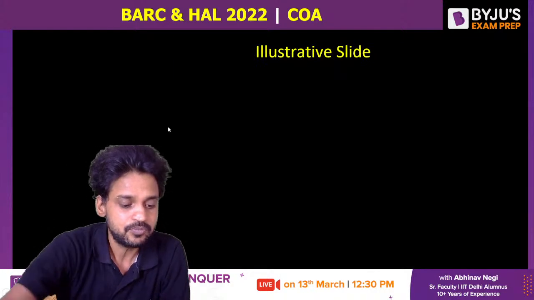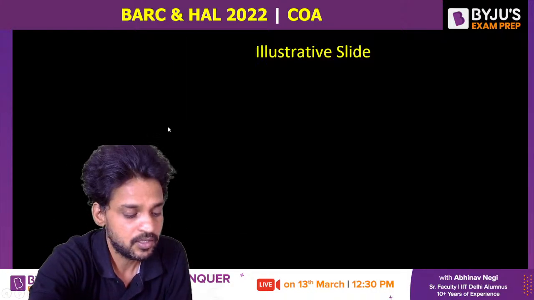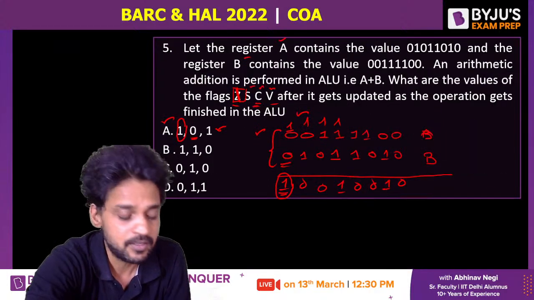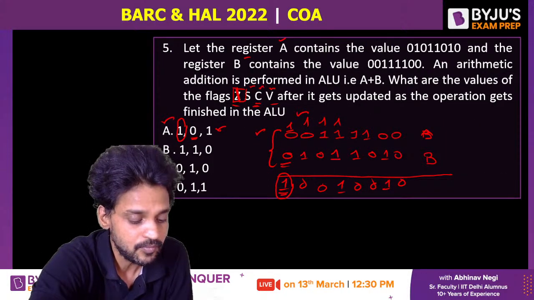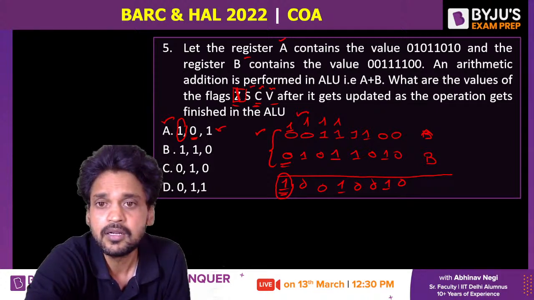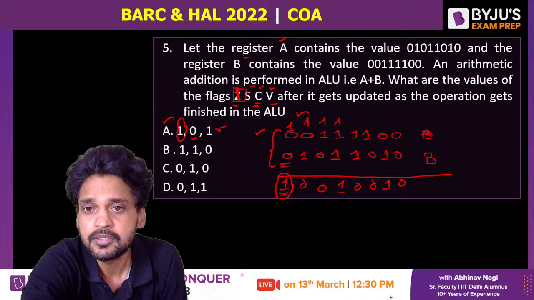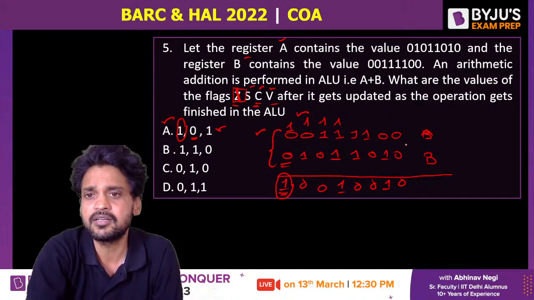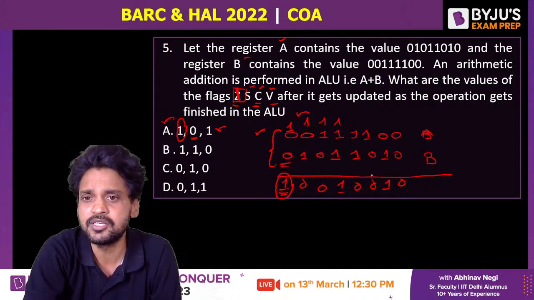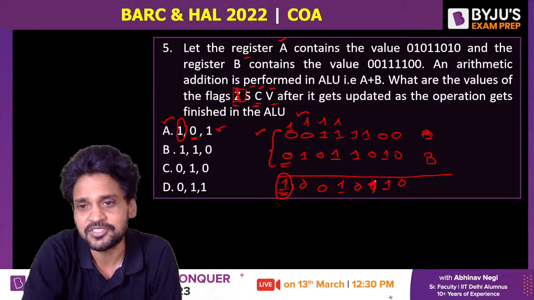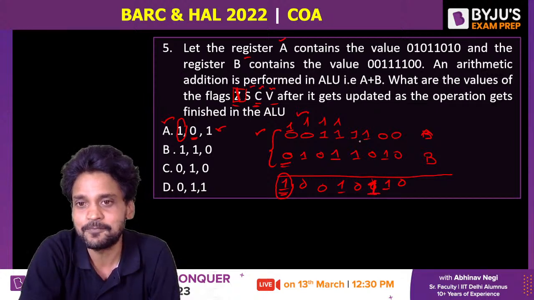Yes? Teja, may I know what is your question? The third bit addition, maybe 1. What is the third bit addition? Did I make 0, 0, 0, 0, 1, 1, 1, 0? Okay, yes, you are correct. 1, 0, 1, 1, 1, 0.